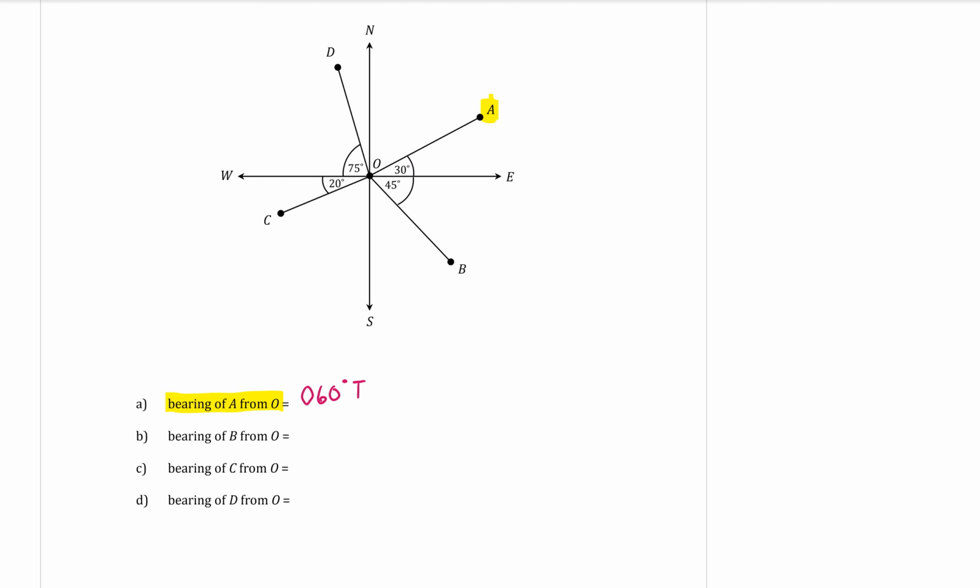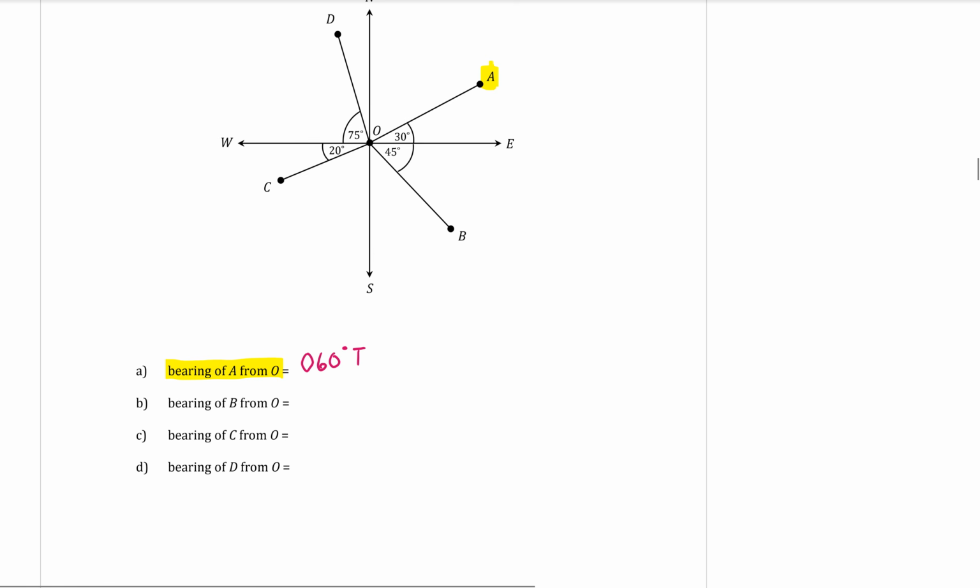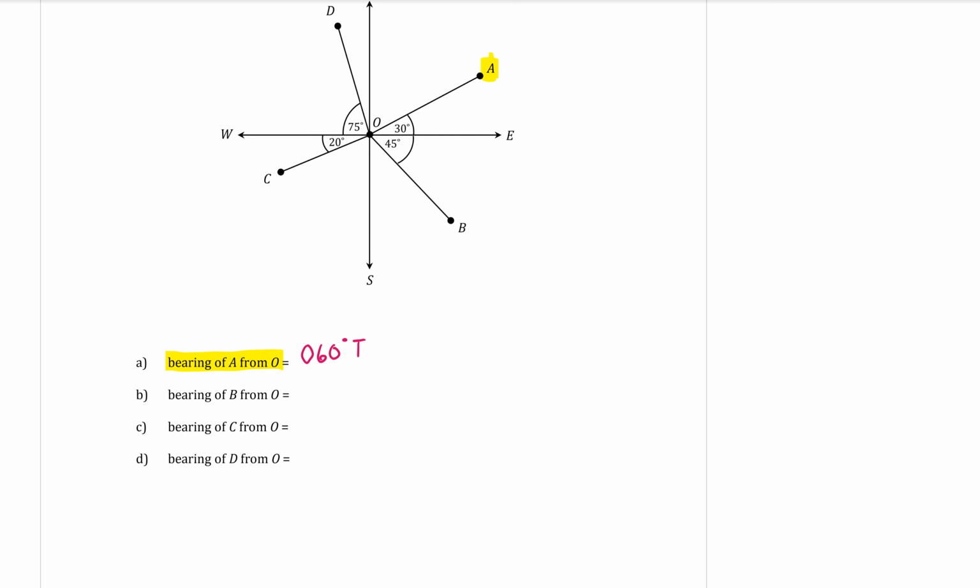Okay, next one. Part B, we want the bearing of B from O. Okay, so we're looking at B this time. So we need the angle all the way from the top, all the way around to that arm. So try to look for right angles.